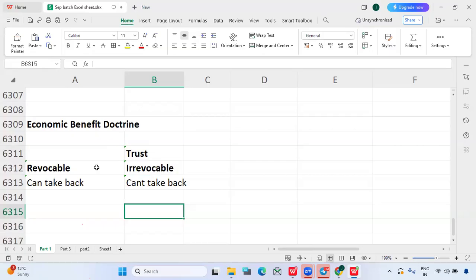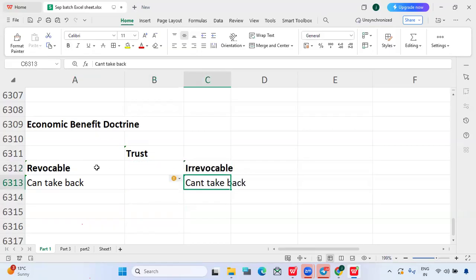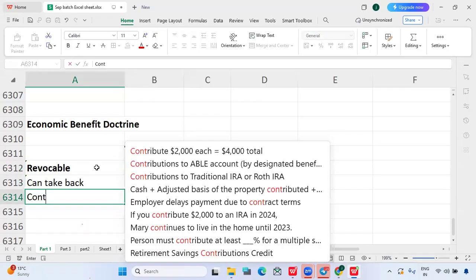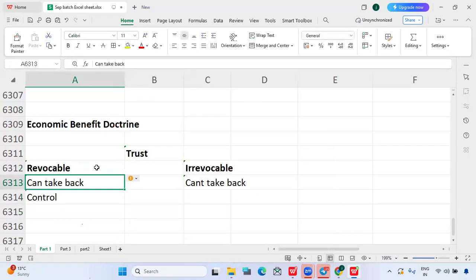Can you take it back whenever you want? Yes, definitely. Or you have given your mobile to your friend as a gift. Will you ask again? No. Usually, if you give anything that you cannot take back, it is irrevocable. If you can take back at any point, you have complete control over it.